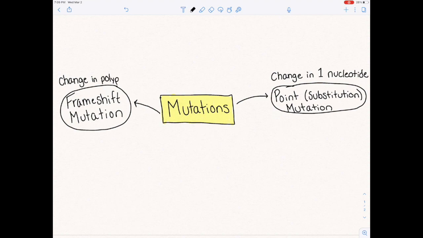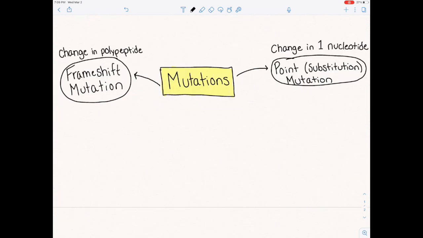So frameshift mutations can really mess you up. We have two types of frameshift mutations. One is called an insertion, where we quite literally will insert an additional nucleotide into our sequence. The other type is going to be deletion. We take one nucleotide out of the genetic sequence.